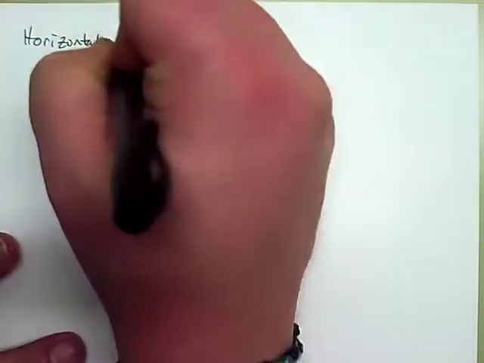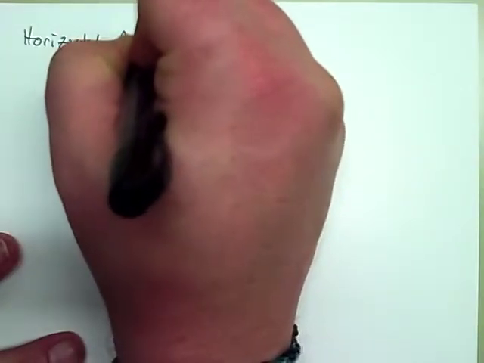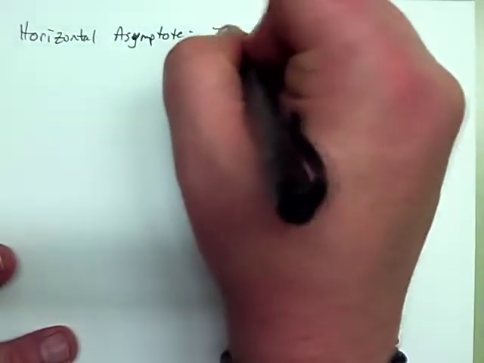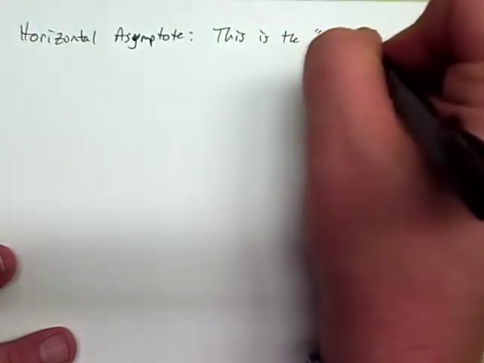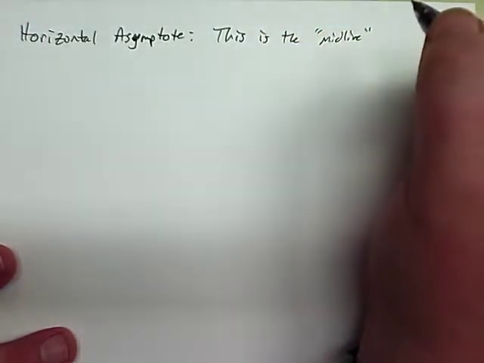Let's take a look at the horizontal asymptote. I'm going to call this a midline, so to speak.